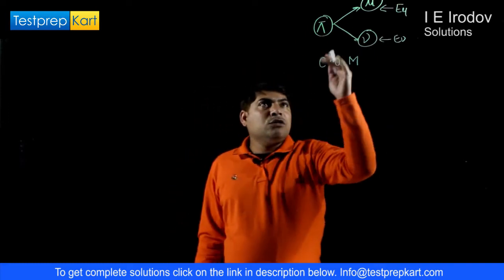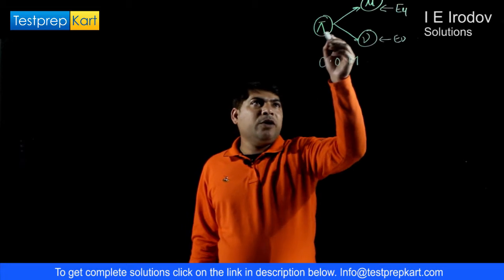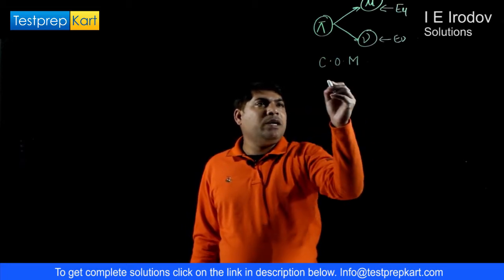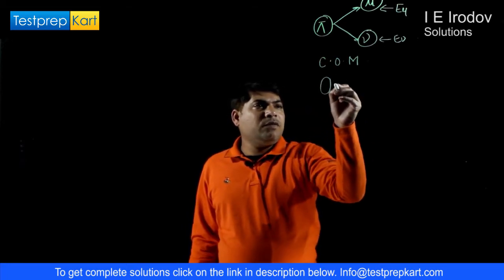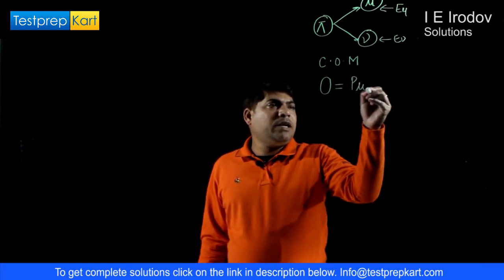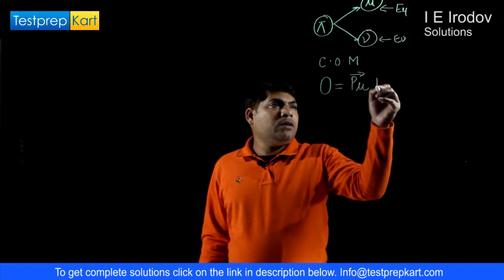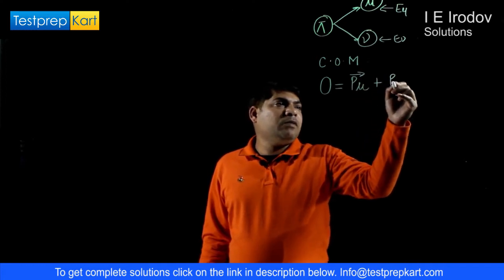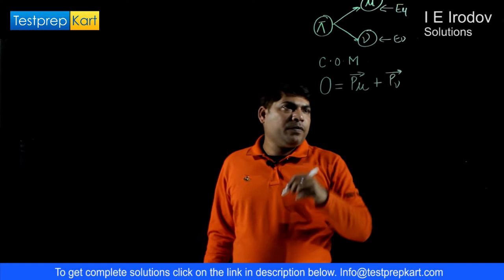Initially this pion does not have any momentum, so we can put 0 here, and it is equal to momentum of this muon plus momentum of this neutrino.